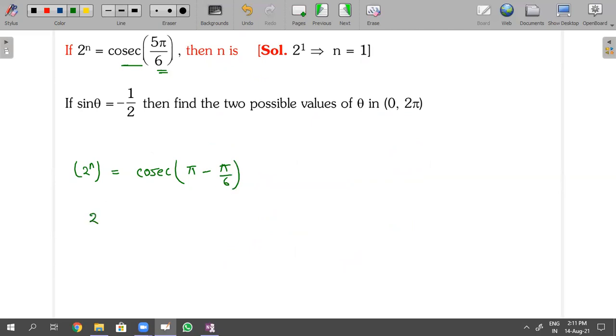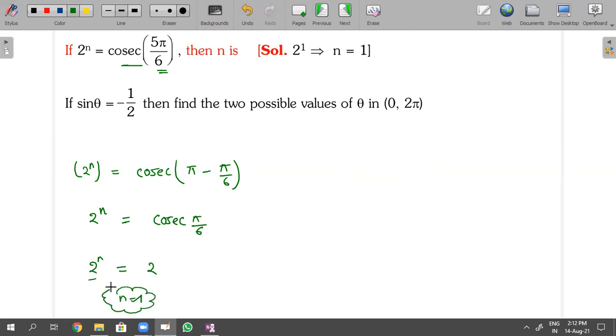Do you know what cosecant(pi minus theta) stands for? It is cosecant theta, so it is cosecant pi by 6. Since cosecant is the reciprocal of sine, the value of cosecant pi by 6 is actually 2. Now, if the bases are equal, you may establish a relation in the indices.